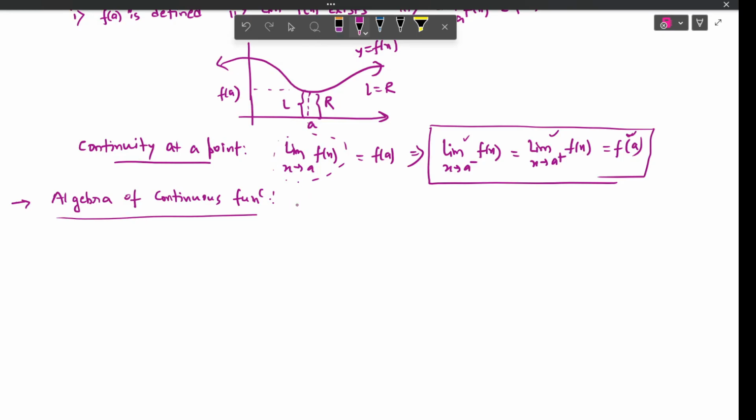So let us say let f and g be two real functions at x equals a. Let alpha be a real number.